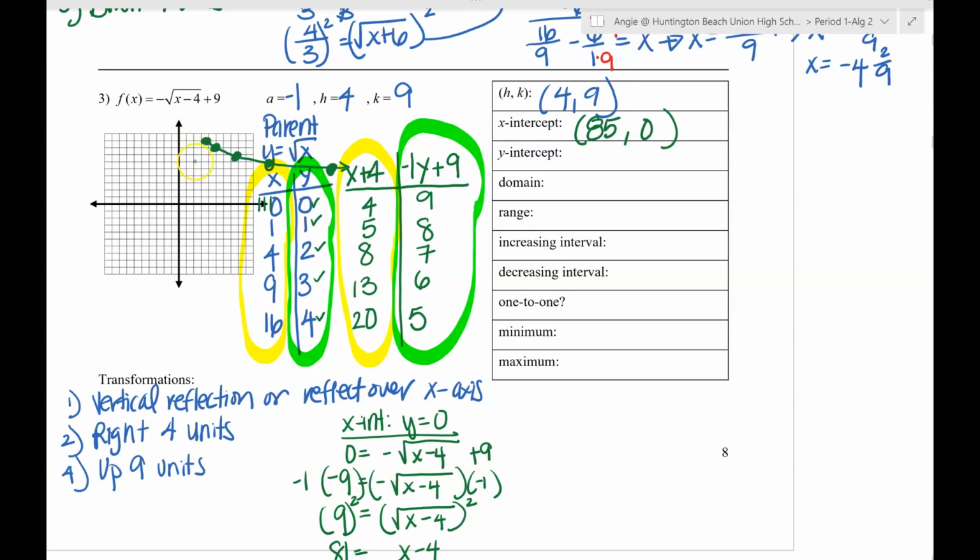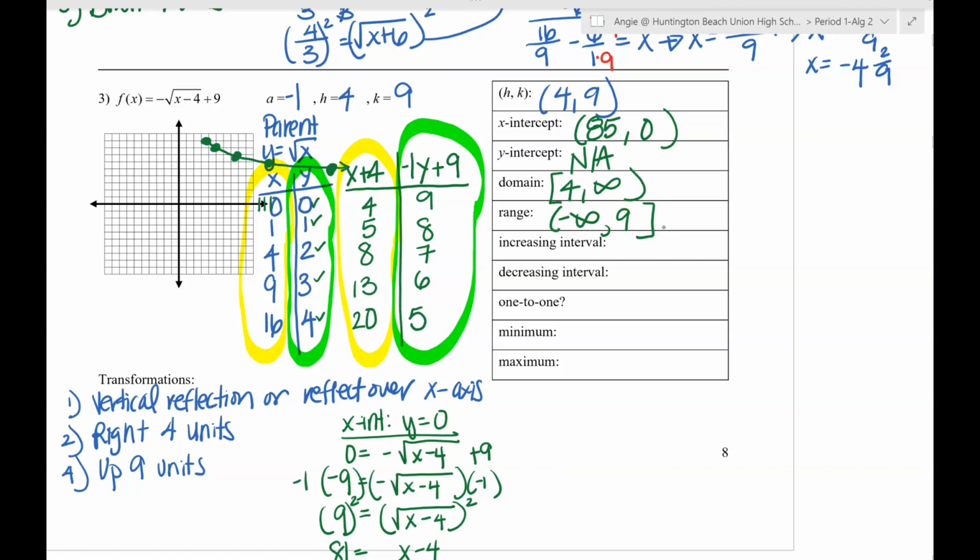Y-intercept: because we started at 4 comma 9, it will never touch the y-axis. Therefore, we don't have any y-intercept. The domain: we are going to start at 4 and go to the right indefinitely, so inclusive 4 to infinity. The range, remember, it's going downward, so we start at negative infinity, and the highest value it has is 9.